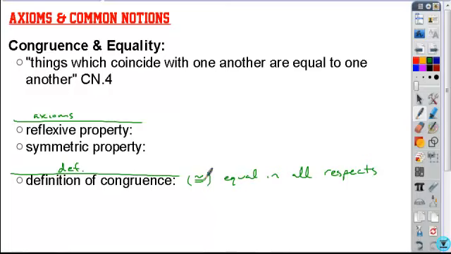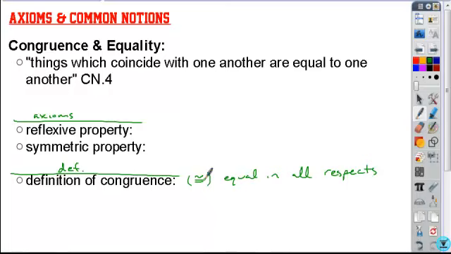And those are single dimension elements, so the equality in all respects will be very limited, right? It's just their measurements. However, once you start getting into two-dimensional figures like triangles or rectangles or whatever being congruent, now all properties that exist between those congruent figures will also be equal.